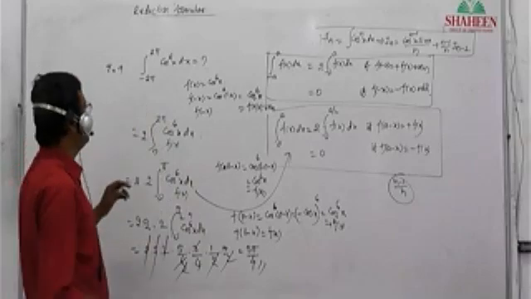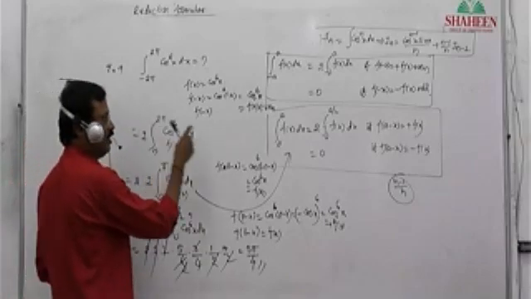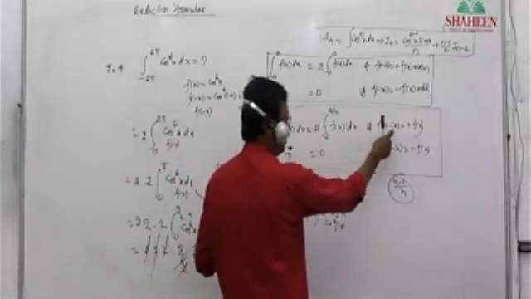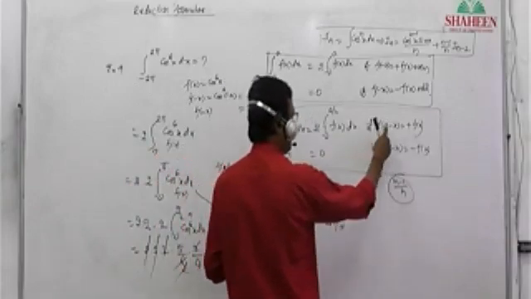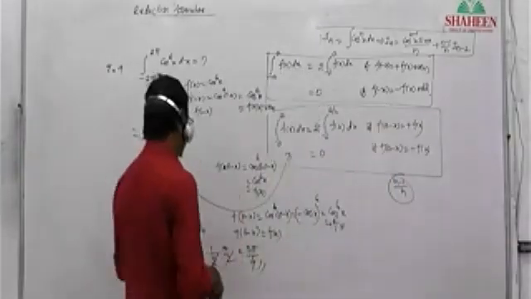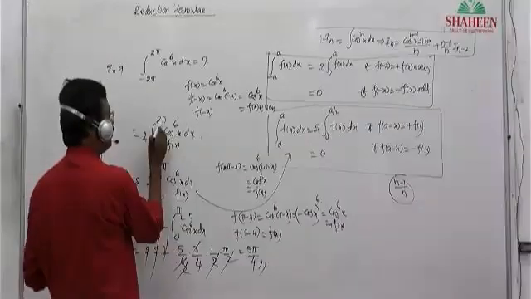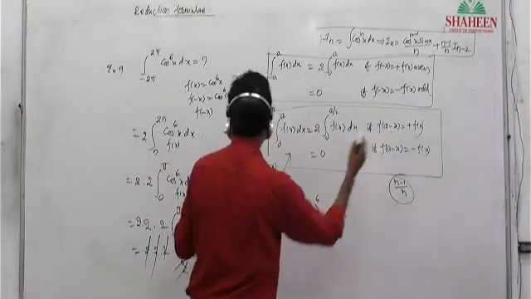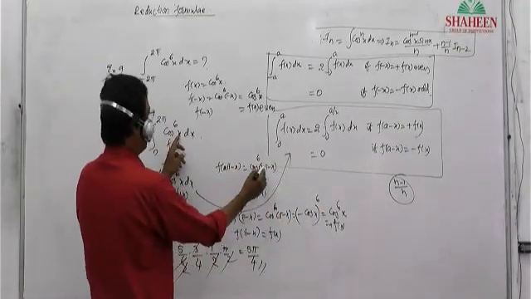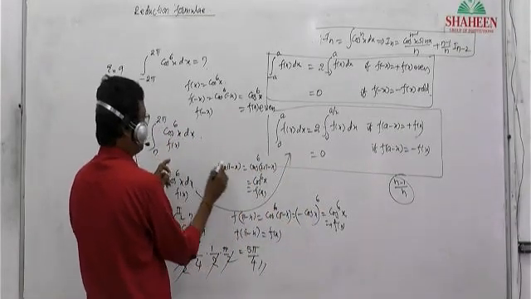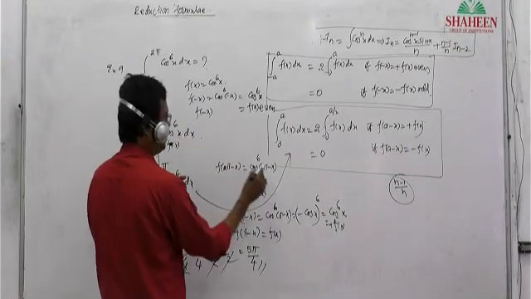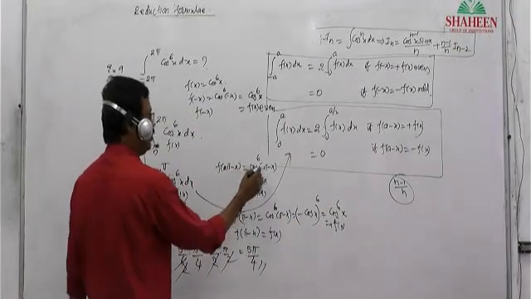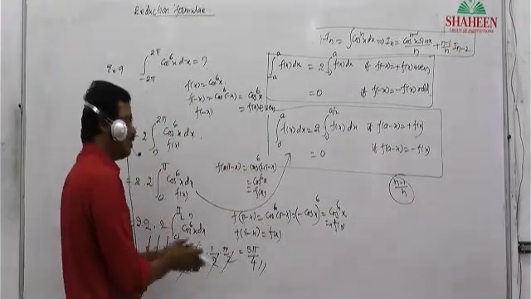How? The 0 to a property, this one. Apply f of a minus x. Check that. Right. A is what? 2 pi. F of a minus x. X is 2 pi minus x. Cos of 2 pi minus theta equals cos theta.